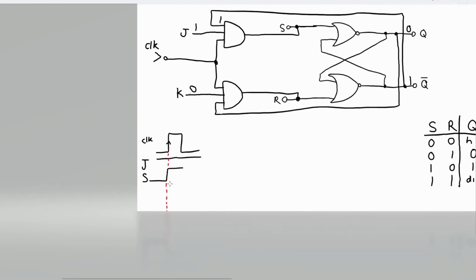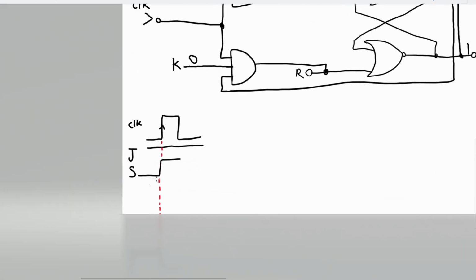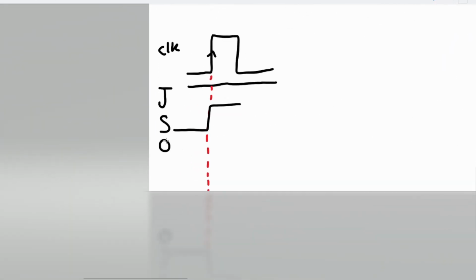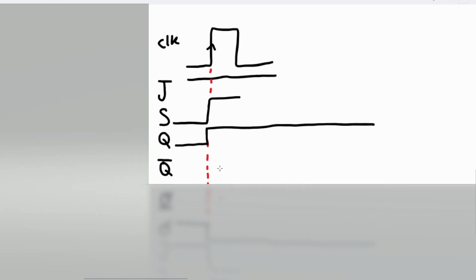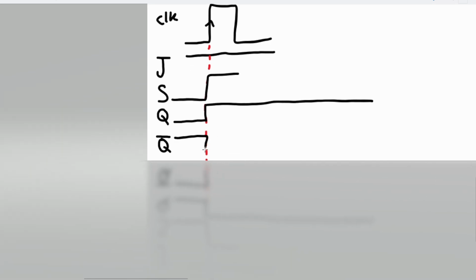And since S is going high here, your Q and Q bar are going to change from 0 to 1, and then it's just going to stay like that. And your Q bar is the opposite, so it's going to go like that.